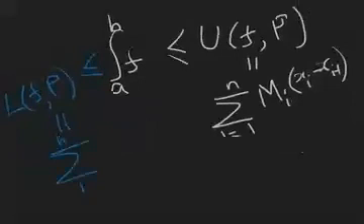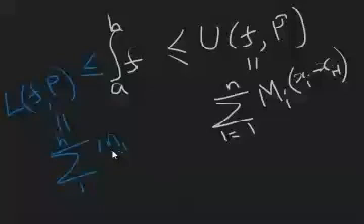And this m sub i means the minimum value of f on this subinterval, the x sub i minus 1, x sub i subinterval, times the width of this subinterval, x sub i minus x sub i minus 1.